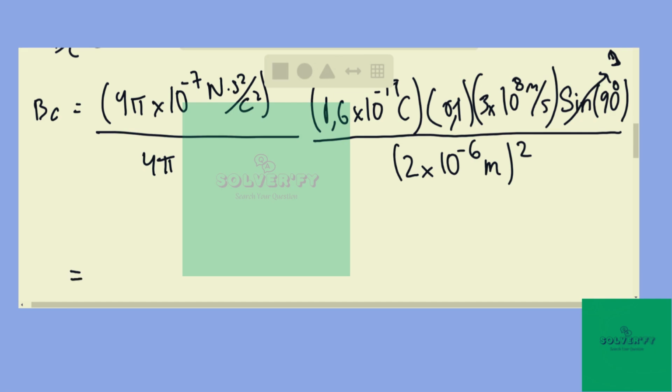So from here, we obtain a value of 1.2 times 10 to the minus 7 Tesla.